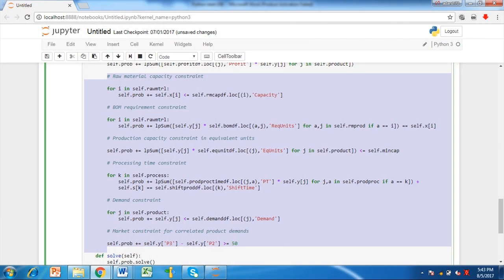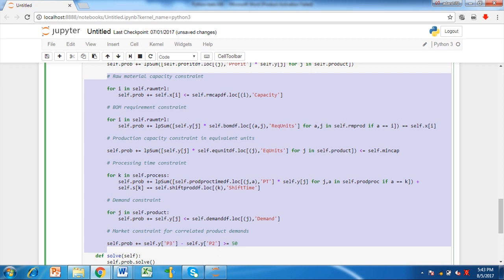The 6 constraints in algebraic notations are then enumerated. The first constraint is the raw material capacity constraint. The second constraint is the BOM requirement constraint. The third constraint is the production capacity constraint in equivalent units. The fourth one is the processing time constraint.